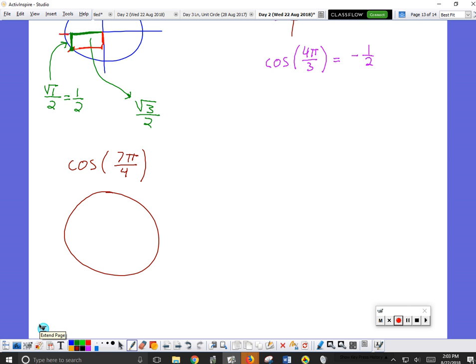That's a little squashy. So I count 1/4, 2/4, 3, 4, 5, 6, 7.